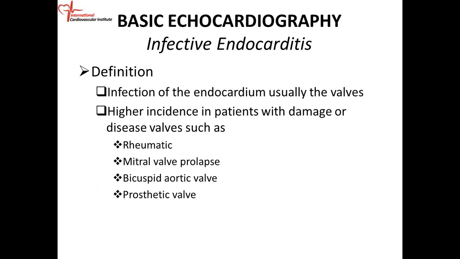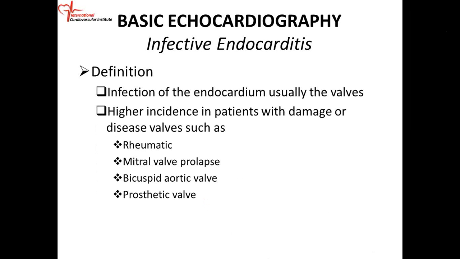There is a higher incidence of infective endocarditis if you have congenital heart disease or damage to any one of the valves. So anything that can damage the valve will predispose one to infective endocarditis. So things like rheumatic heart disease, where you may get mitral regurgitation, mitral stenosis, aortic regurgitation, anything that can affect the valves, mitral valve prolapse.